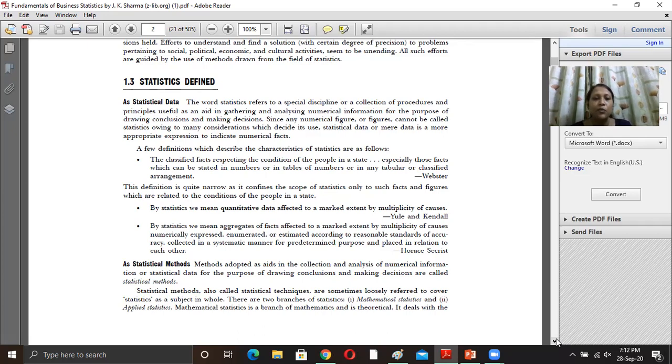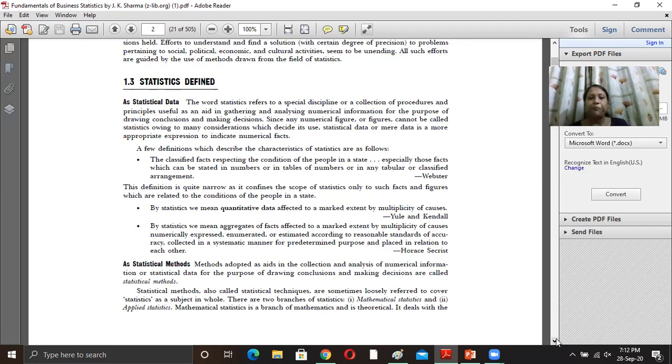By statistics, we mean aggregates of facts affected to a marked extent by multiplicity of causes, and that is numerically expressed. Statistical method is the collection and analysis of numerical information or statistical data for the purpose of drawing conclusion.